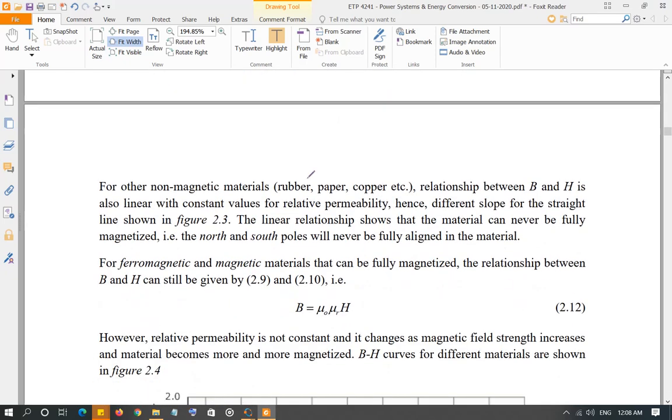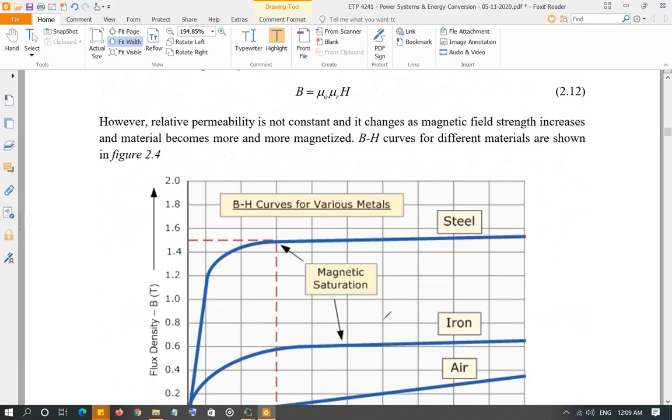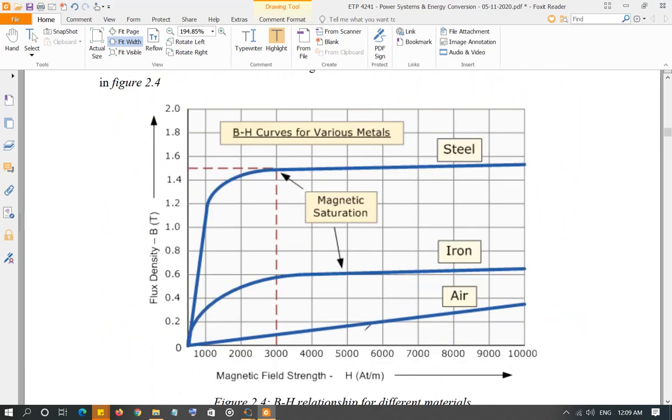Now, if you have other materials, like some material that cannot be magnetized, like rubber, paper, which are called non-magnetic material, or you have some ferromagnetic material or magnetic materials that can partially or fully magnetize, you can create some curves like these, which are called BH curves.